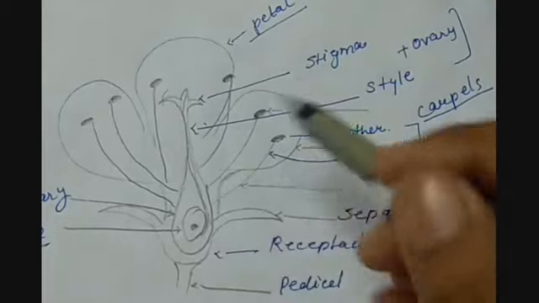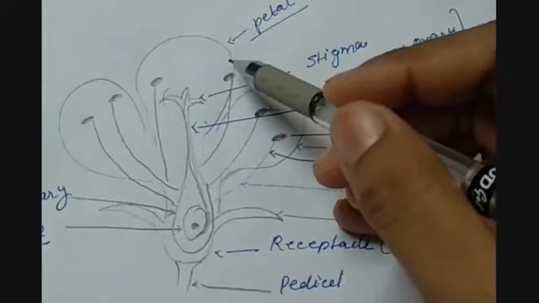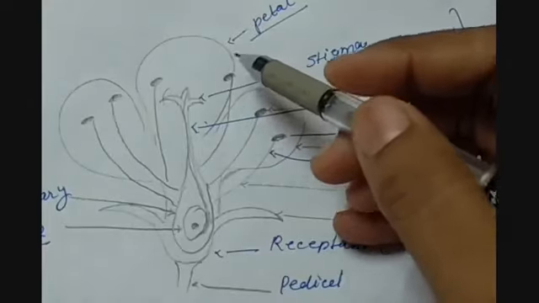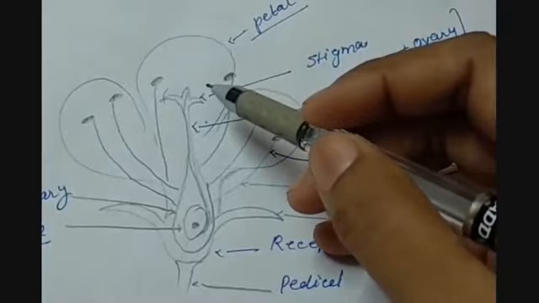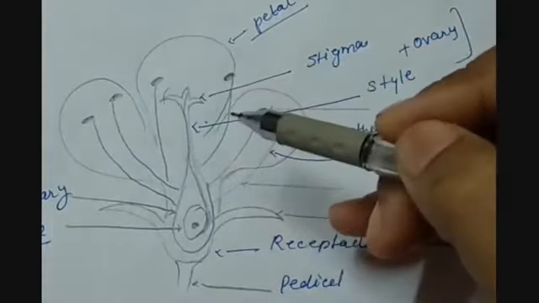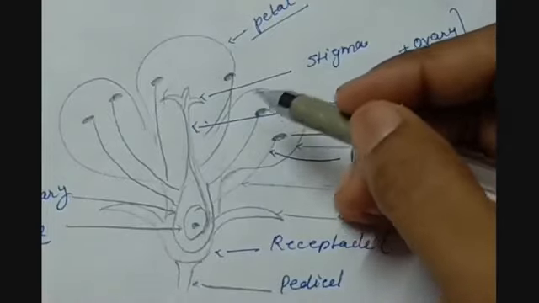So here I was telling you the importance of petals. Petals are bright in color, so they attract insects, birds and bees to sit on them. There is a reason why the petals are bright in color and attract the birds, which I will let you know later.